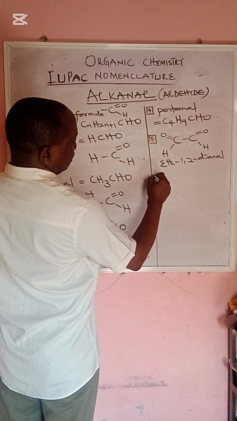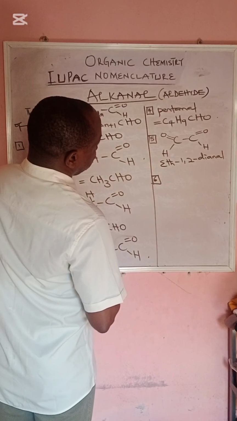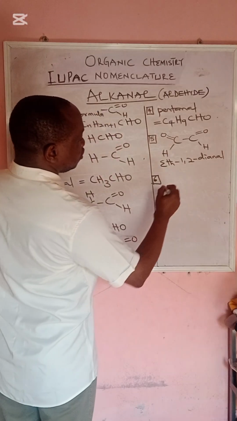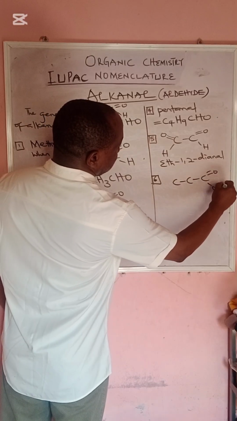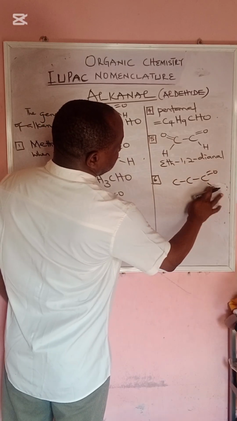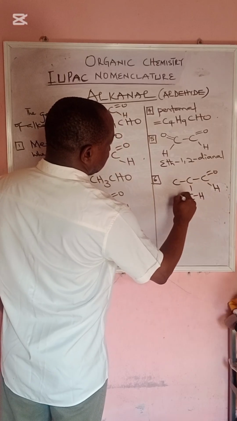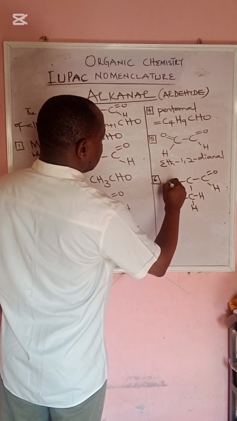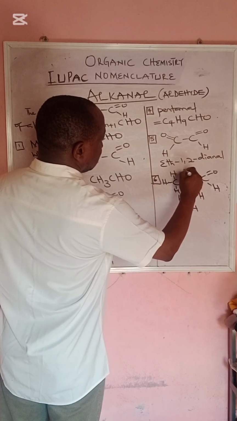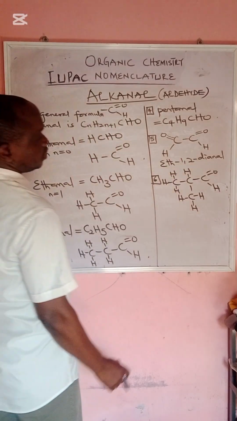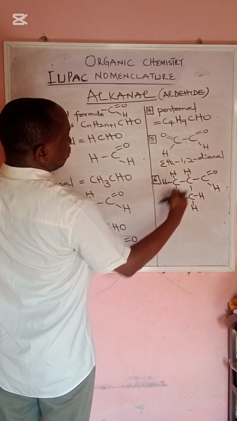So you have 6. You can see 1, 2 on carbon 2, so methyl attached to carbon 2.